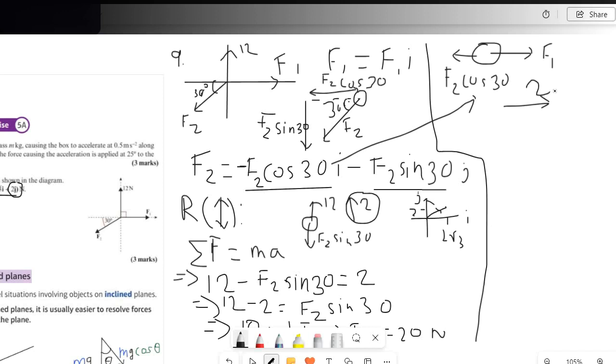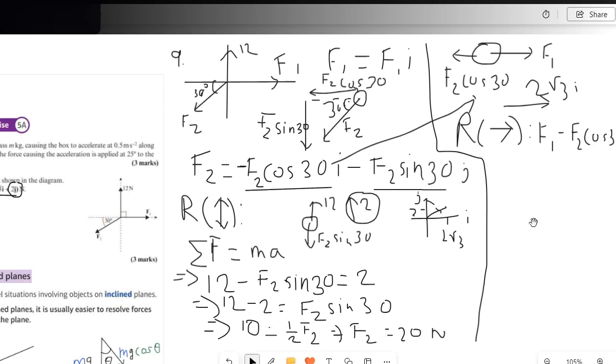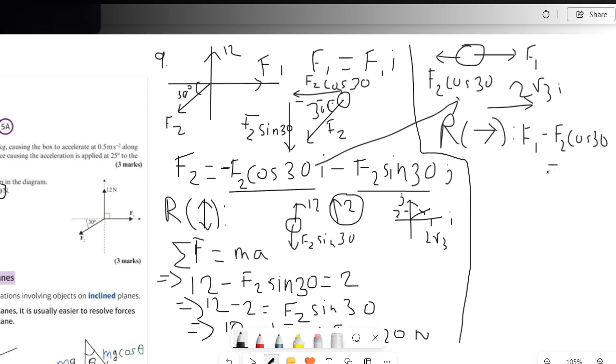So this is 2 root 3 i, and therefore resolving horizontally to the right, we can say that F1 minus F2 cos 30 should be equal to the resultant force in the horizontal direction, and so F1 minus F2, which is 20, multiplied with cos 30, which is root 3 by 2, equals 2 root 3.